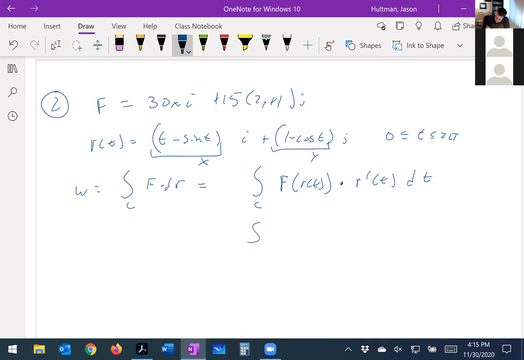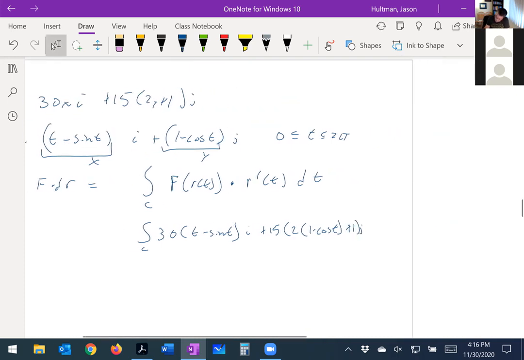So this is going to be 30 times (t minus sine t) i plus 15 times (2 times (1 minus cosine t) plus 1) j. I want to dot that with r prime of t. Well, I don't know what r prime of t is.